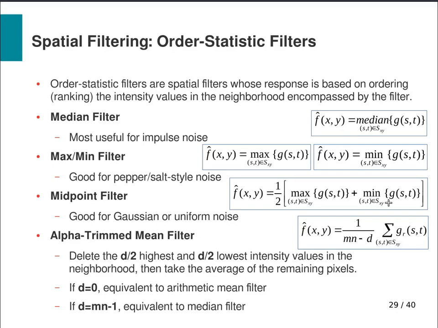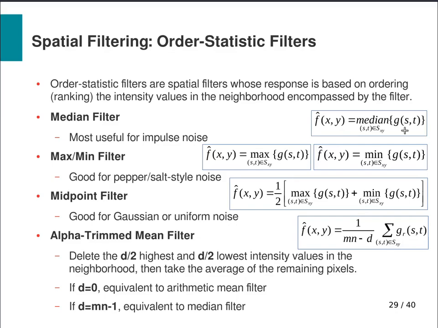Then you take the median value of this ordered set. The equation for the new intensity value at location x and y is basically the median of all the intensity values inside the neighborhood. Median filter is most useful for impulse noise.